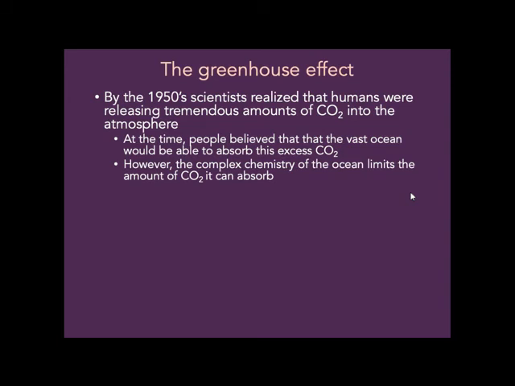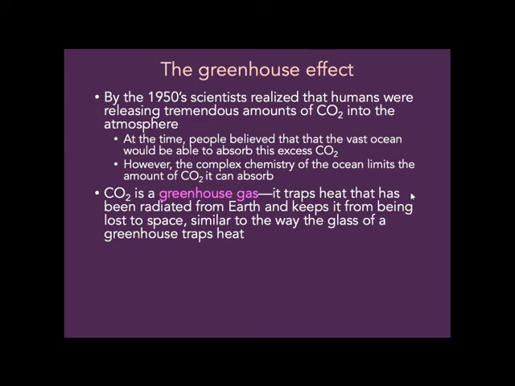We knew as early as the 1950s that we were releasing lots and lots of carbon dioxide into the atmosphere. And in the 1950s, people thought, well, it'll be okay because the ocean is huge and it would absorb all of the excess carbon dioxide. But the problem is, because of different complex chemical issues, the ocean is limited in how much carbon dioxide it can actually take in.